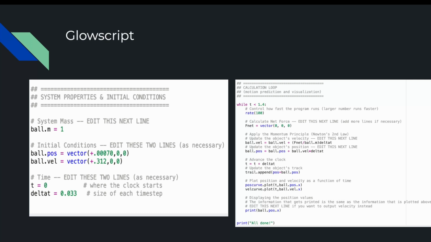Then the while loop will run for 1.4 seconds, because that's how long the video ran for in Tracker. And then the net force is 0, since we're assuming 0 net force. And then the velocity update formula is used to change the velocity. And then the ball's position will be updated using the position update formula shown here.